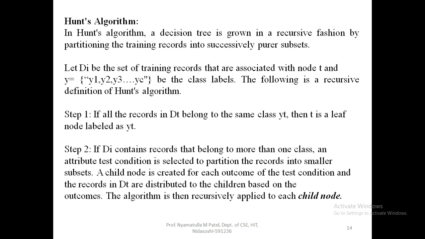As the training records contain more than one class, I need to create child nodes in the tree. These child nodes check for the particular test condition. If the test condition is true or false, the child node gives the proper distribution of the training records, showing which class they belong to.